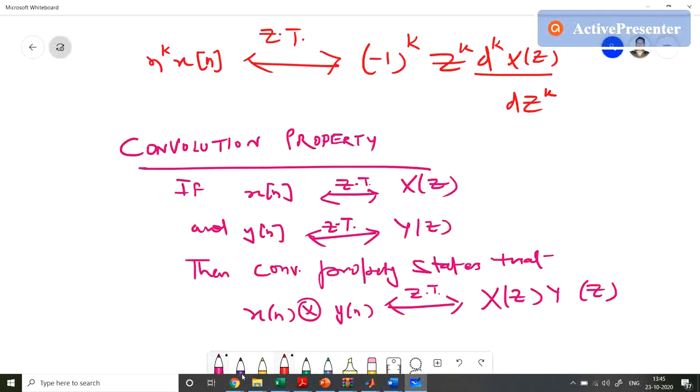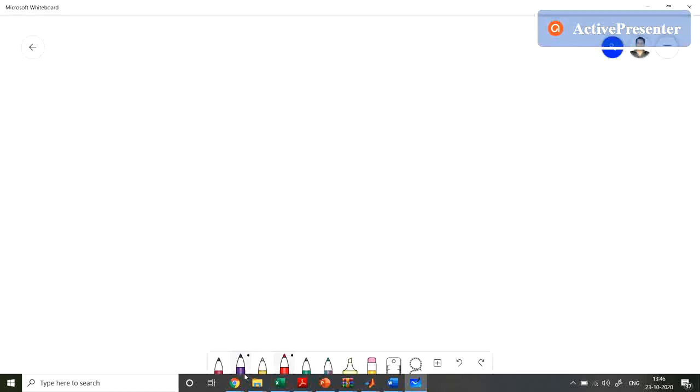So again we see that convolution in the discrete time domain is equal to multiplication in Z domain.